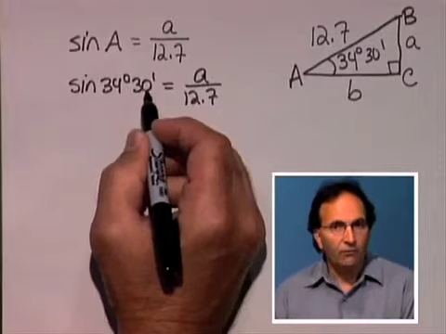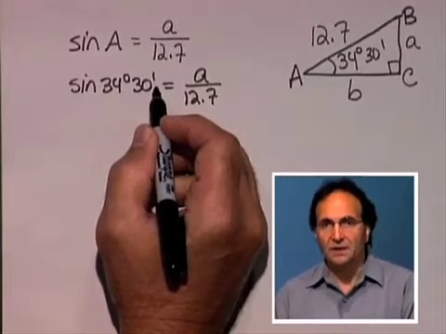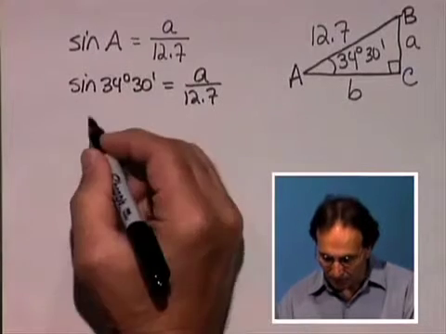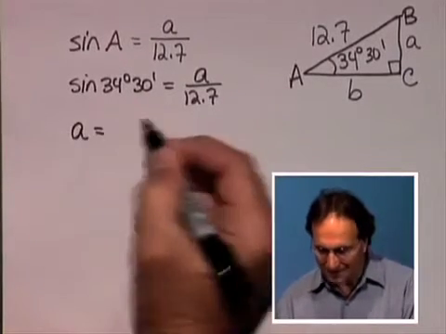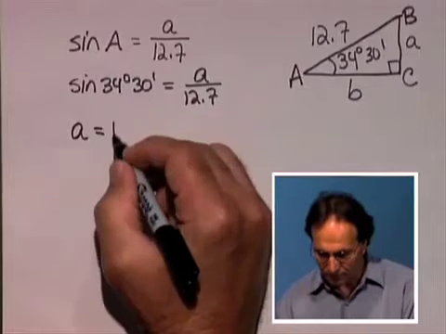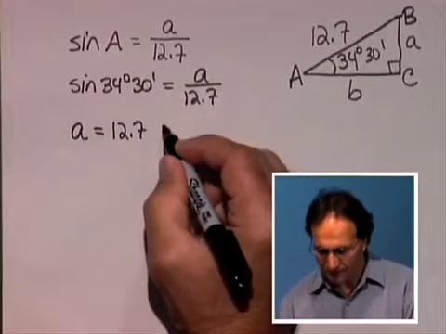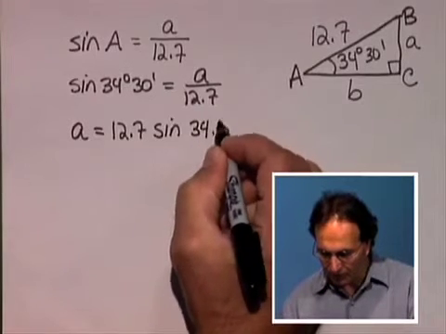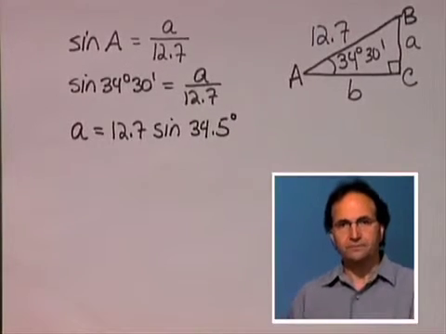Converting the 34 degrees, 30 minutes to a decimal and multiplying both sides by the 12.7, we now have that side A would be equal to 12.7 times the sine of 34.5 degrees.